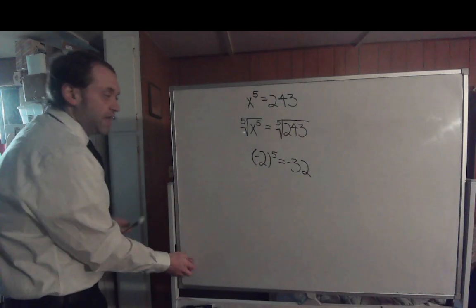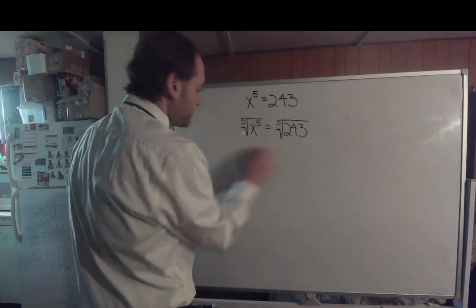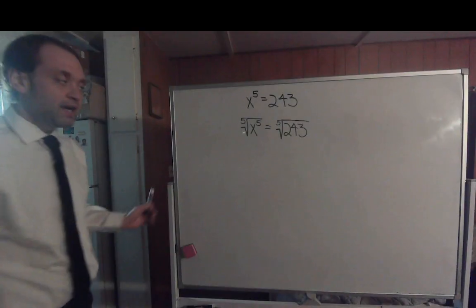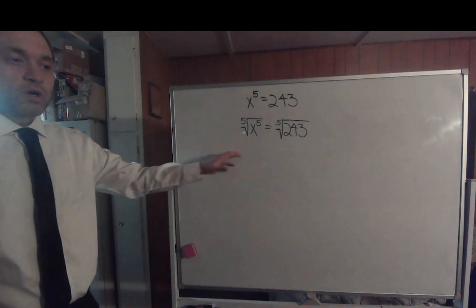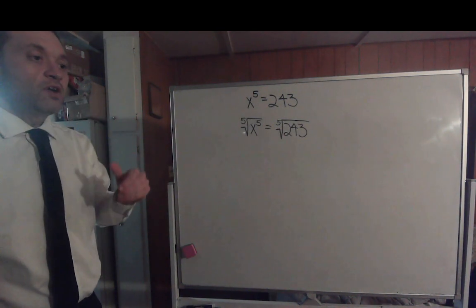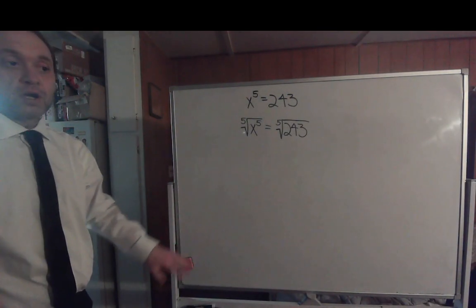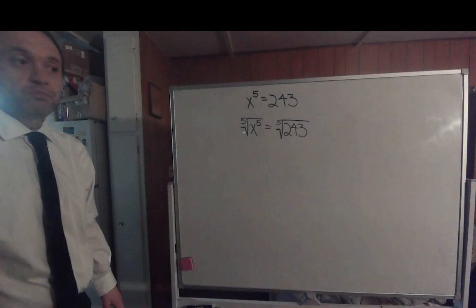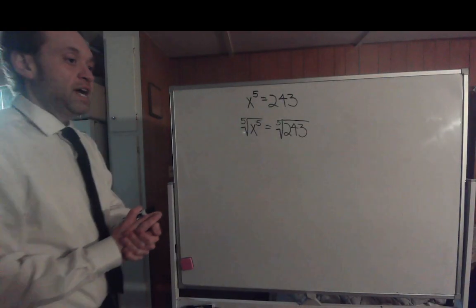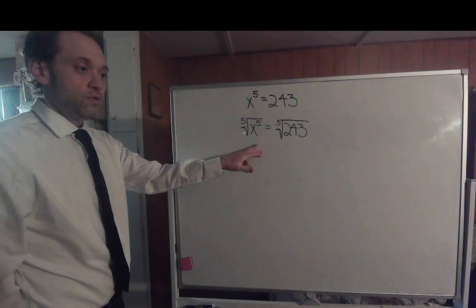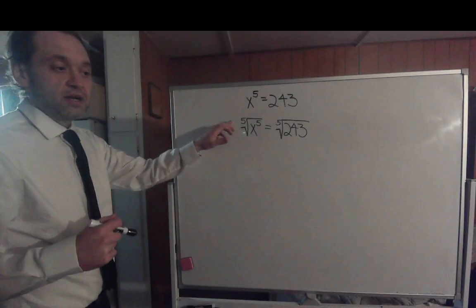So that is why for odd roots, such as a 5th root, a 3rd root, a 7th root, what have you, any real number will work. Thus, you will have only one real number solution. Now, you're going to have 4 other imaginary solutions, but you'll have one real number solution if you have any number under the radical in an odd root.